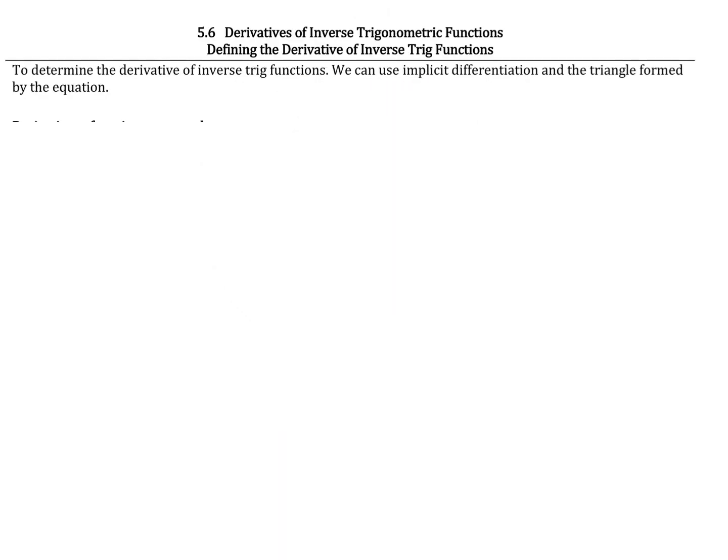So we're actually going to derive a couple of these inverse trig derivatives. So we're going to start by just saying, let's let y equal arc sine of x. And just as a reminder, arc sine of x is exactly the same thing as inverse sine of x.